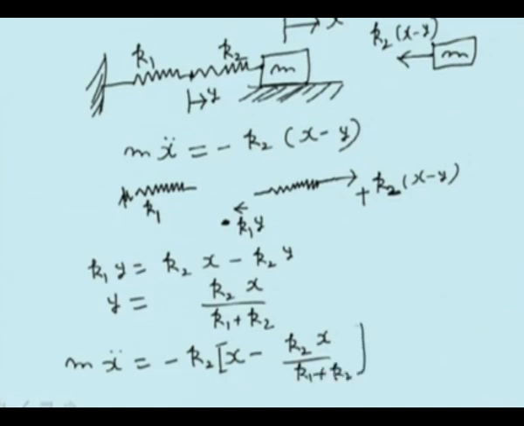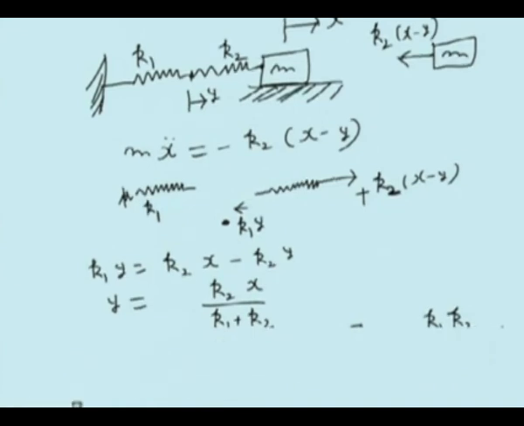So simplify it, this will come out to be minus K1 K2 divided by K1 plus K2 times x. Compare it with m x double dot is equal to minus k x. So therefore we see that in this case the K equivalent comes out to be K1 K2 divided by K1 plus K2.